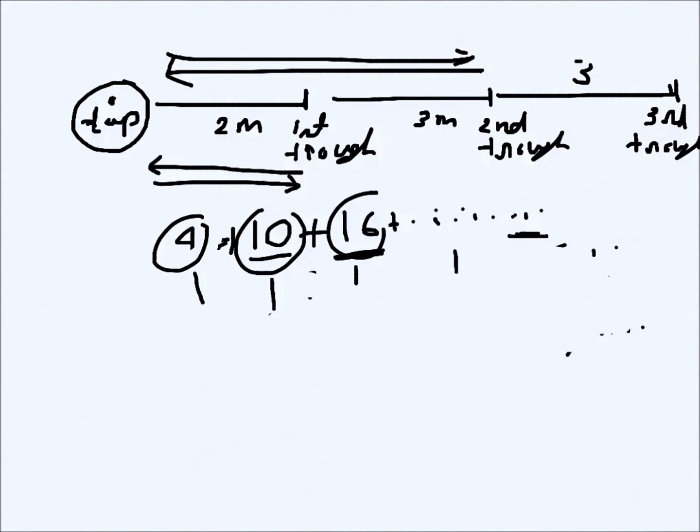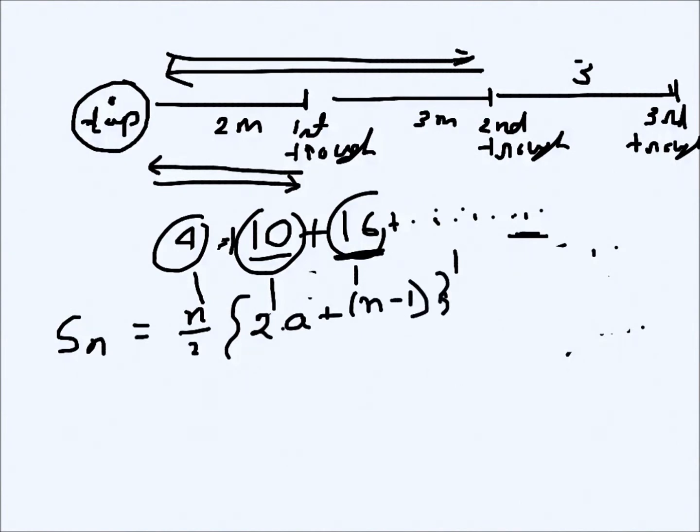So we have to find the sum, which is n over 2 into 2a plus n minus 1 into d. So that's n over 2, 2a is 2 into 4, that is 8, plus n minus 1 into again 6.